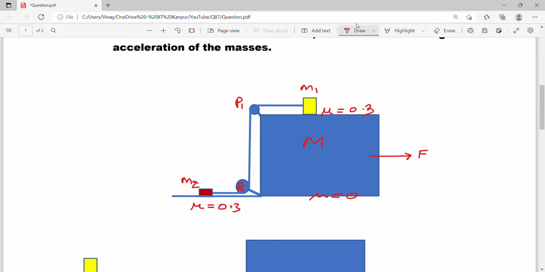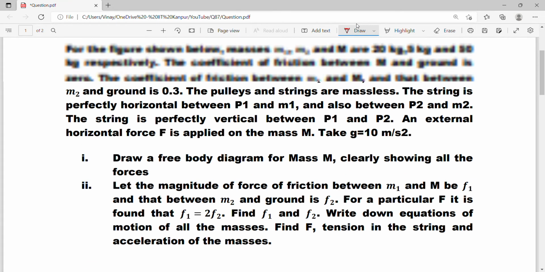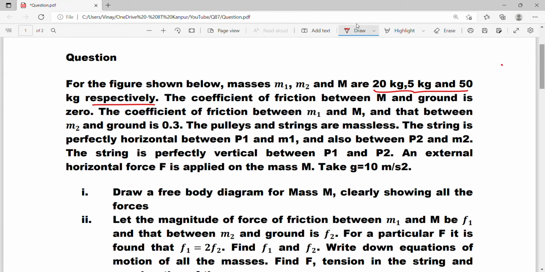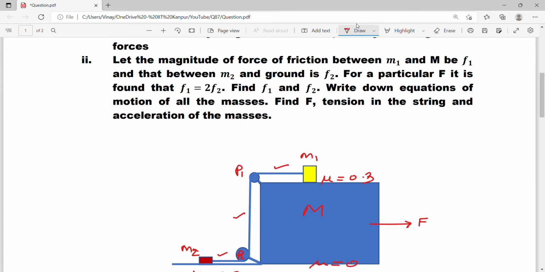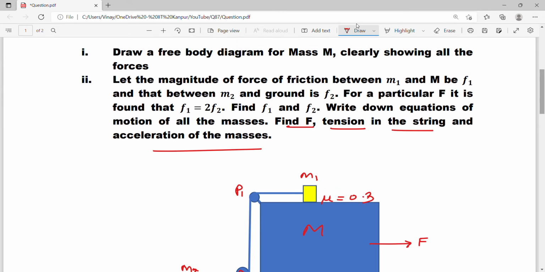Friction here is 0.3 between these two contact surfaces, and here again 0.3. So I'm not going to read the question. This was all about the question, and it is given that this string is horizontal, this is vertical, and this is horizontal. So you have to draw the free body diagram of mass capital M, free body diagram of small masses, and find the tension in the string and acceleration of the masses, for a particular F. You have to find capital F as well.